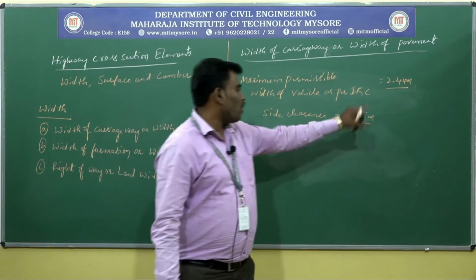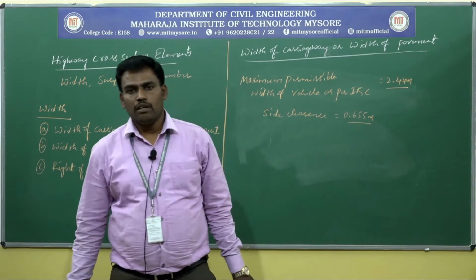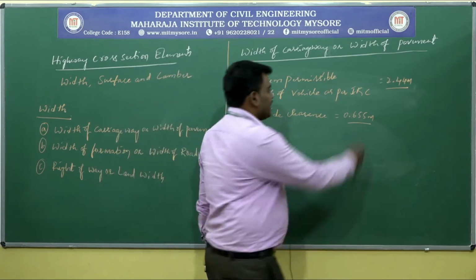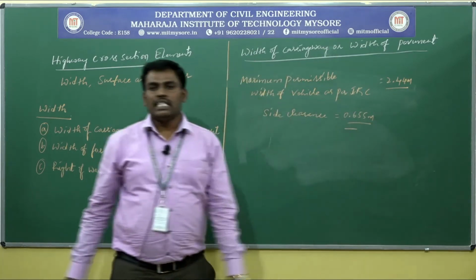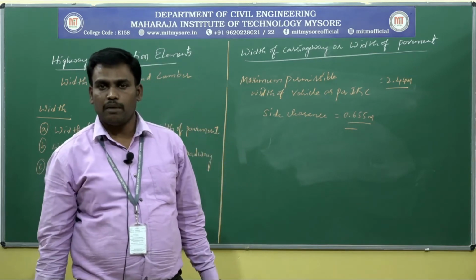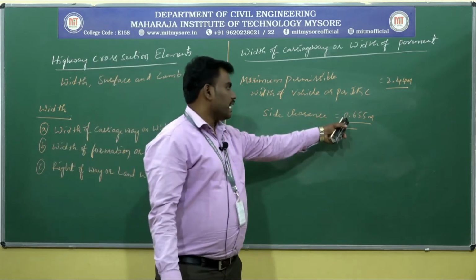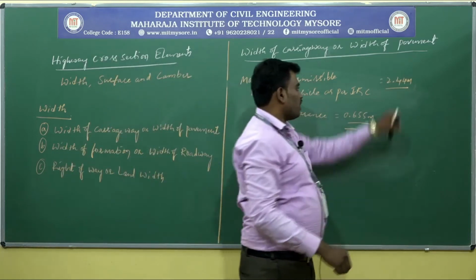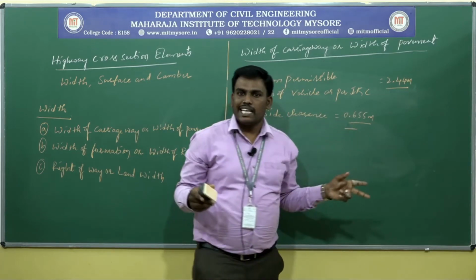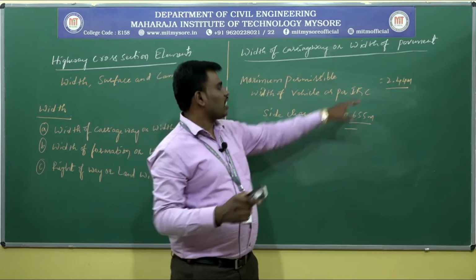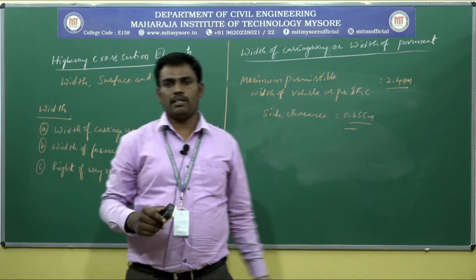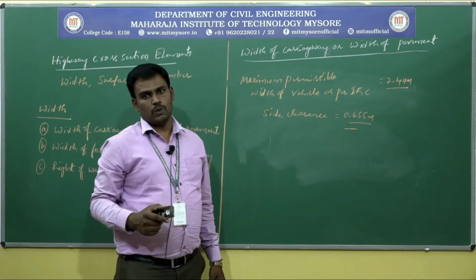And this requires a minimum of 3.75 meter lane width for single lane. It means 2.44 meter is your width of vehicle, then 0.655 meter is your side clearance on either side, so this requires a minimum width of 3.75 meter for a single lane road.